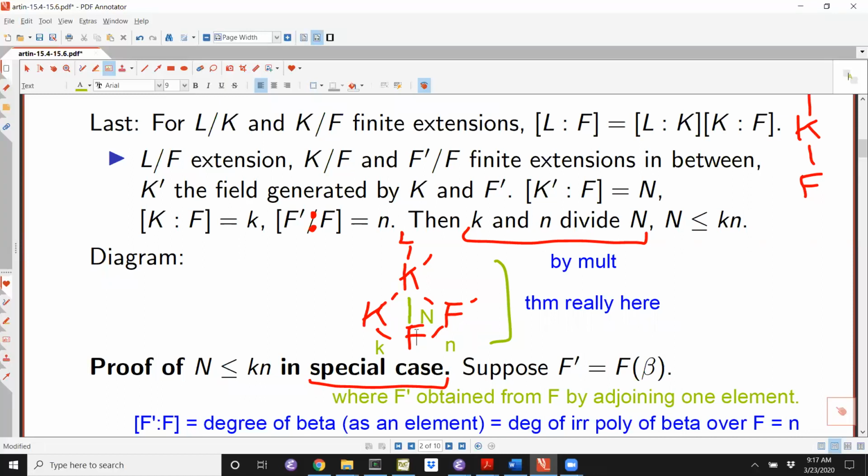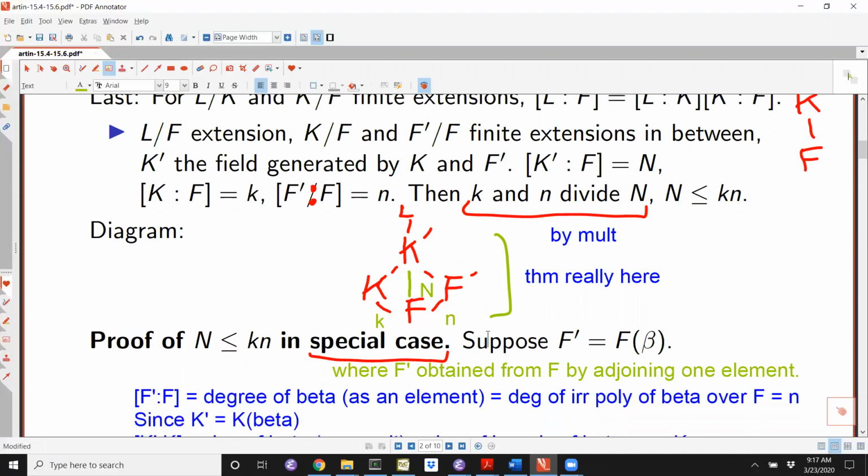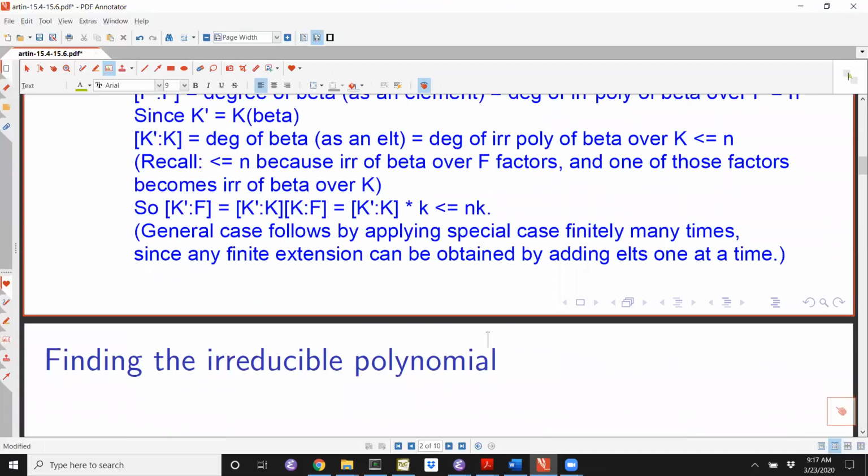The two things we know about a big field extension encompassing K and K prime is that the degrees of the smaller field extensions, little k and little n, divide the degree of the big extension, big N, and that the degree of the big extension is less than or equal to little k times little n, but there's no divisibility guarantees there.